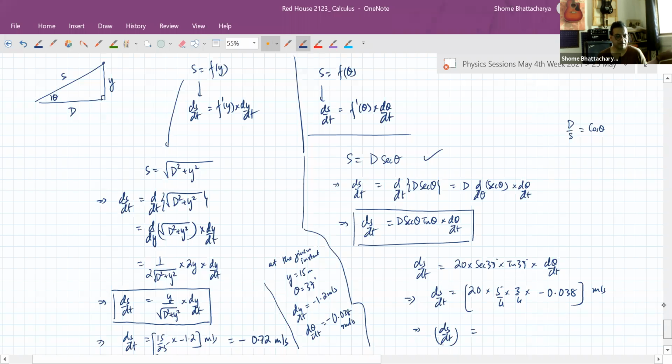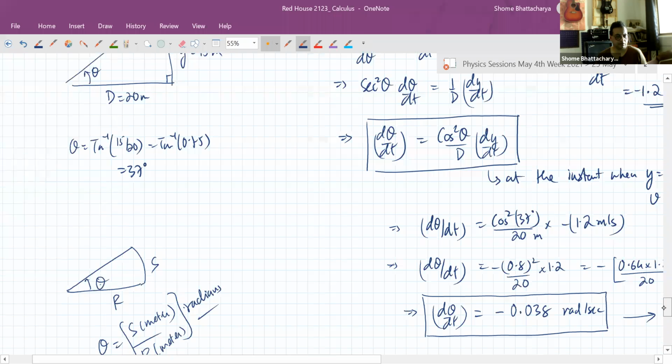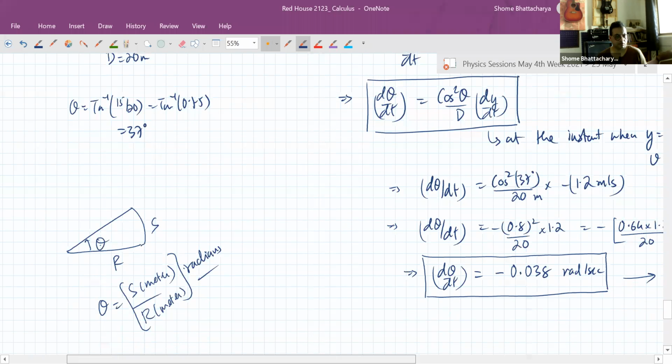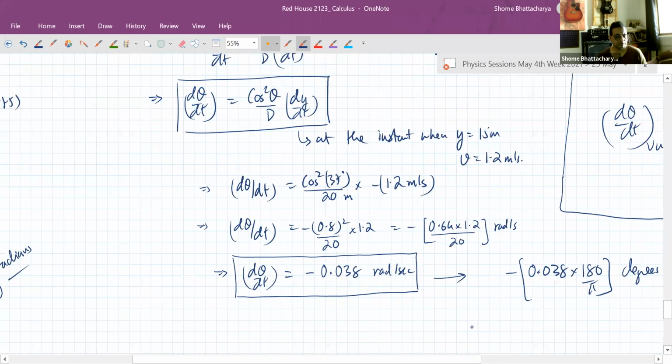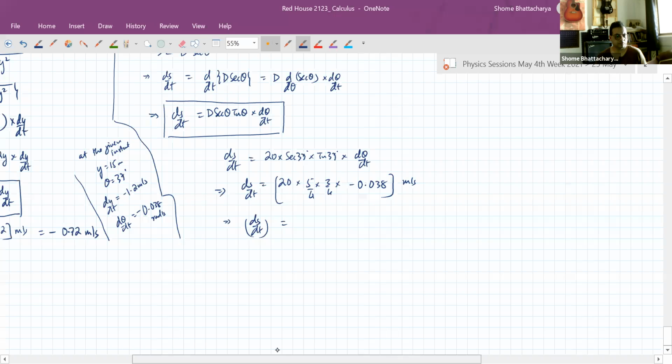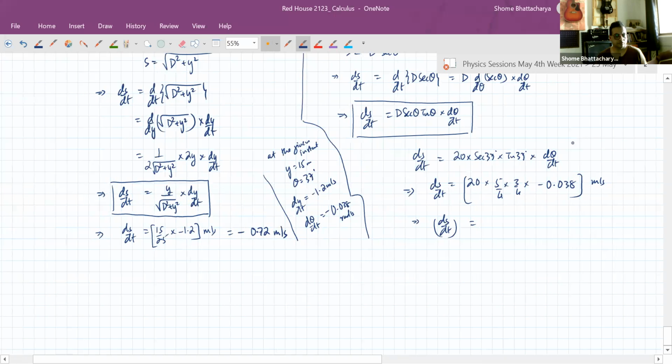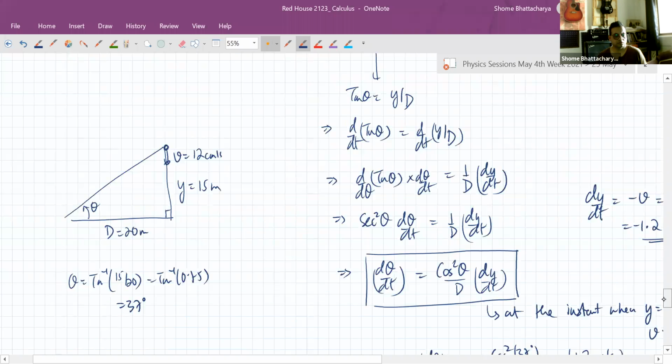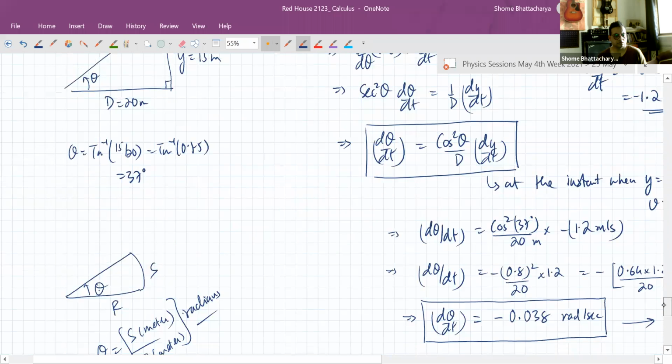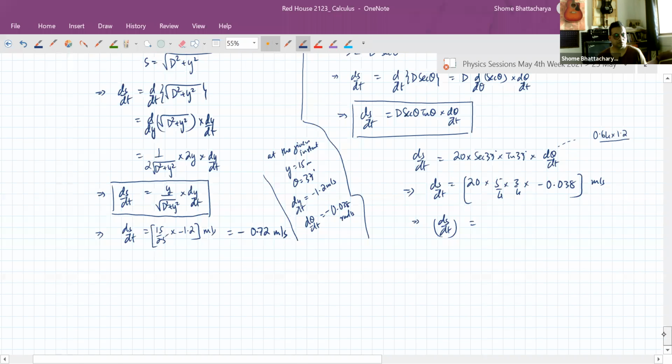So if we use the exact value in the fraction, we'll get, so this one's exact value. Actually, this.